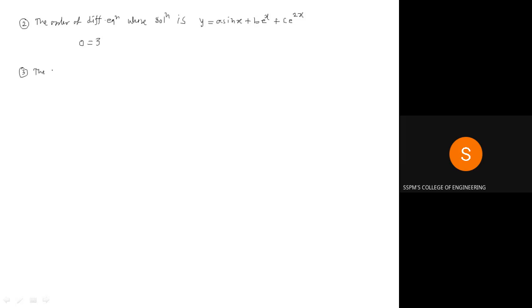The order of differential equation of an ellipse whose major and minor axes are along x axis and y axis. So the order of differential equation of an ellipse.